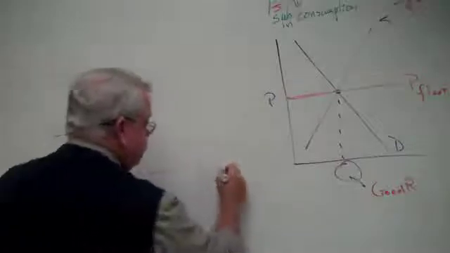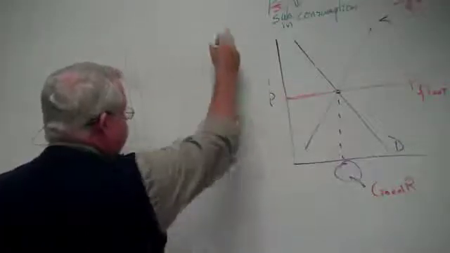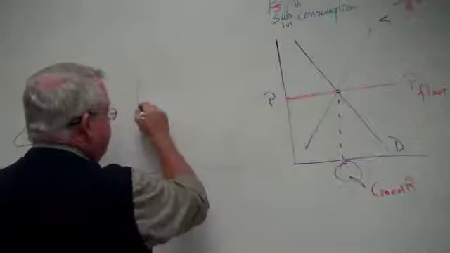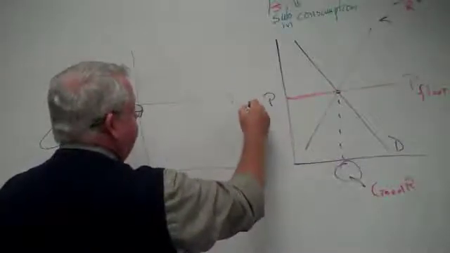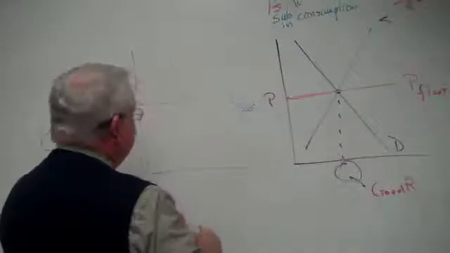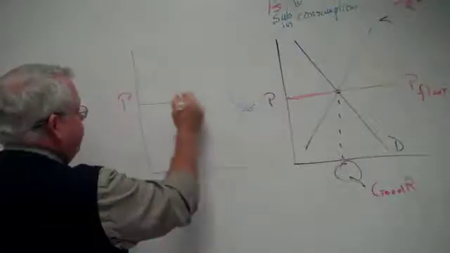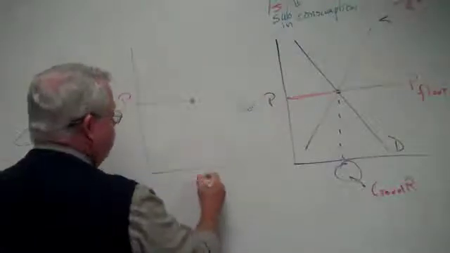So over here, let's draw the market as we started it, in equilibrium, at the equilibrium price, which is also the price floor. So here's where we start, price and quantity.